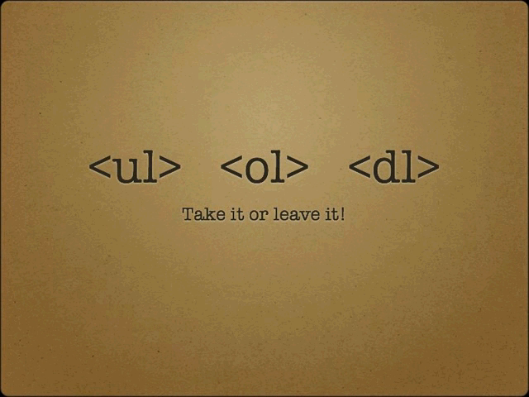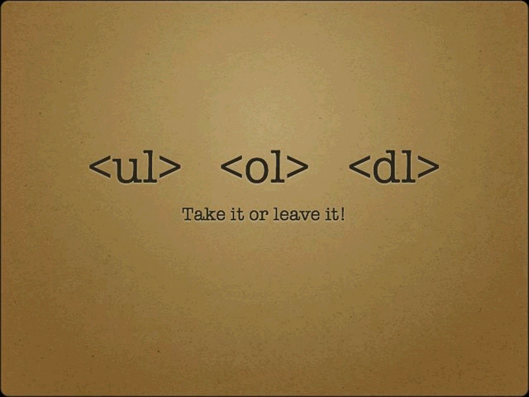Or I would like the definition terms to be in bold. Or I would like to use different bullet points to the bullet points that are being used by the browser. However, you should resist the temptation to meddle with those structures.